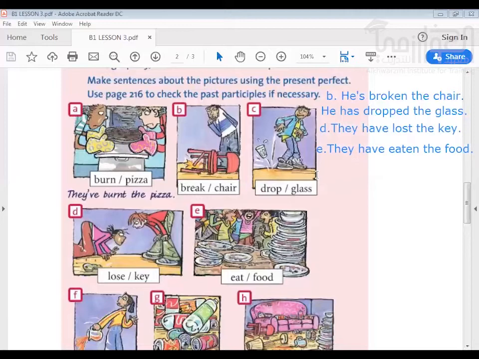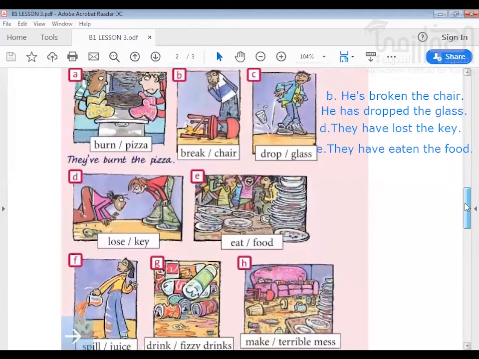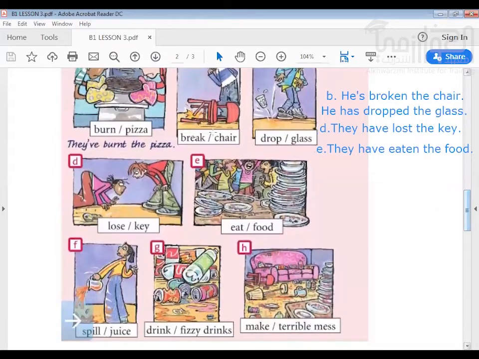And then we have the next, that is F. We have F. We can see F very well here now. Yes, F is what? This is juice.